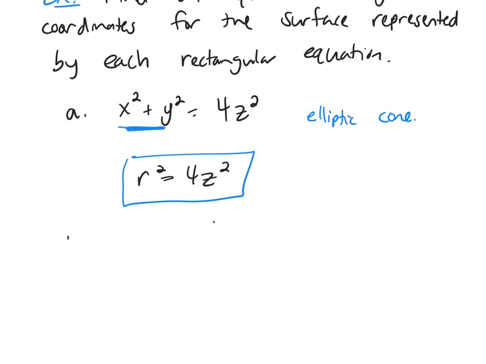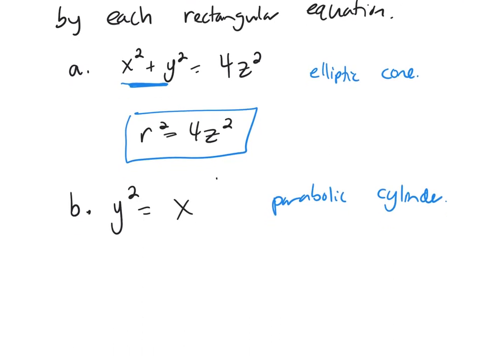So now for the next one, let's convert y squared equals x. And this surface, it's a parabolic cylinder, in case you were interested. And now we're going to plug in our formula. y is r sine theta, so it'll be r sine theta squared, and x is r cosine theta.